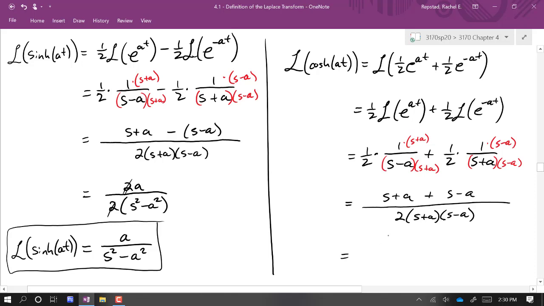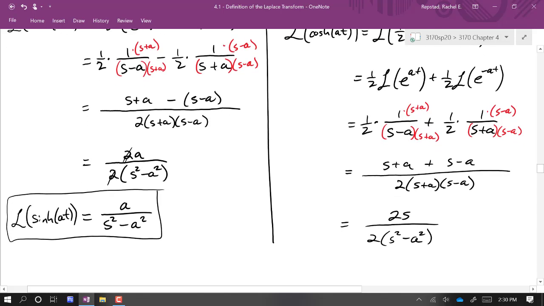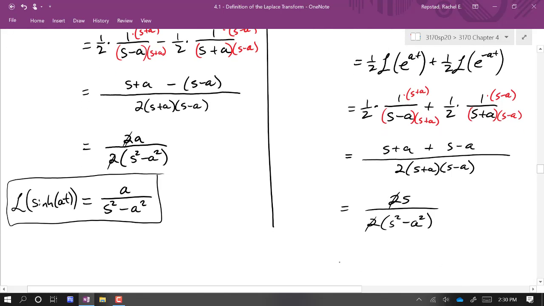Now on top we have 2s. On the bottom, 2 times s squared minus a squared. Cancel those 2's. And we get s over s squared minus a squared. And there is the Laplace of hyperbolic cosine of at.